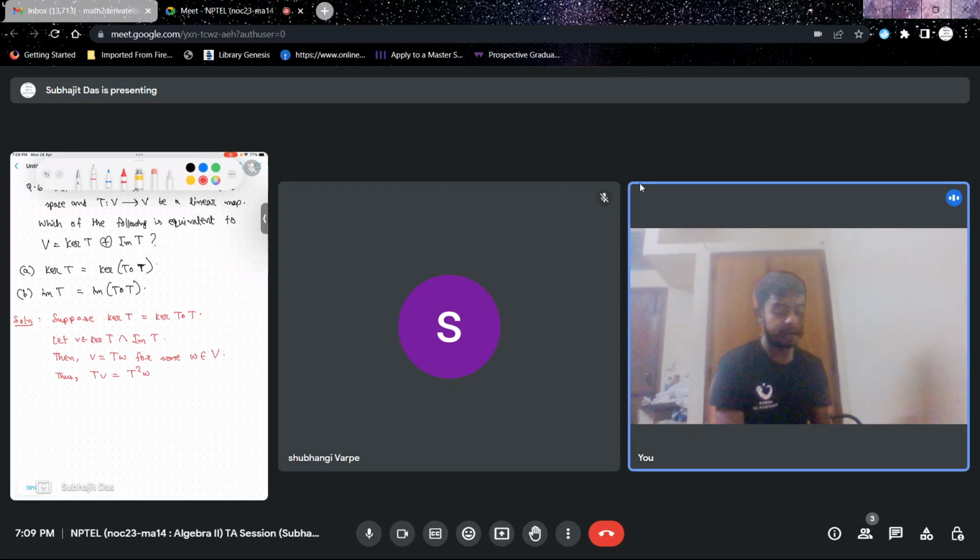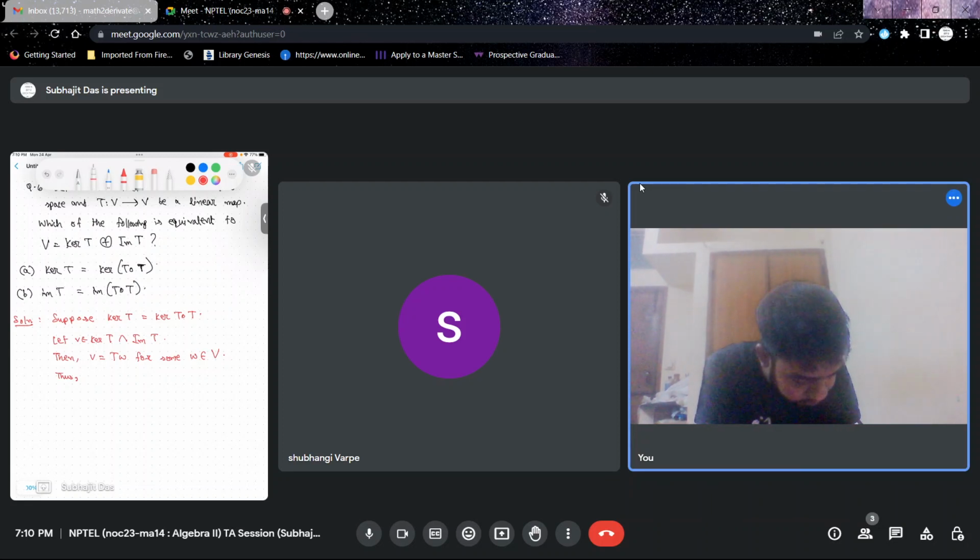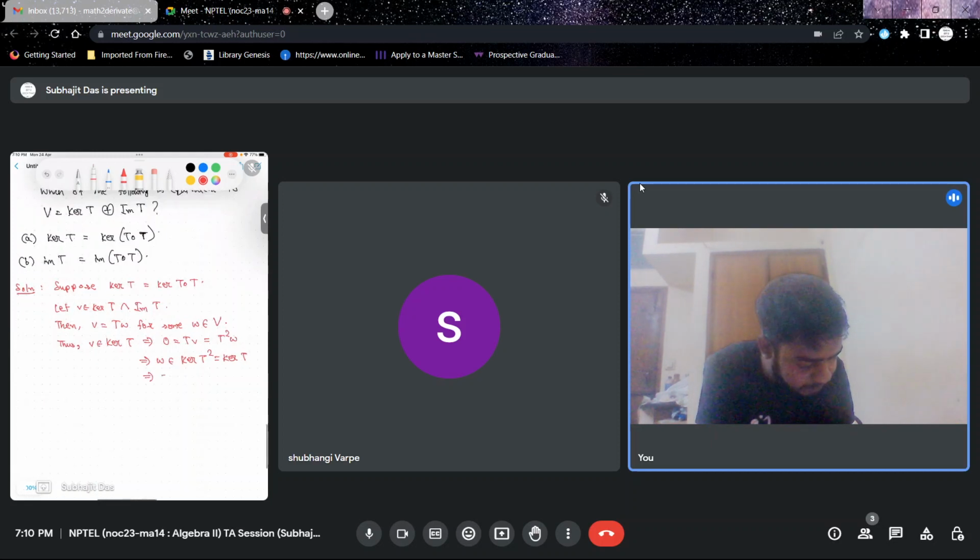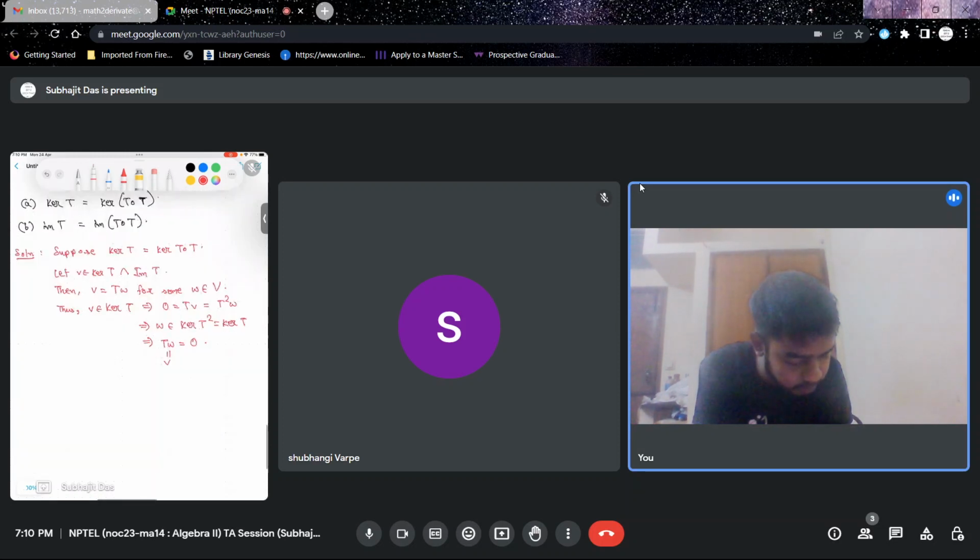And v is in the kernel as well, so thus v belonging to kernel of T implies 0, which is Tv, is also equal to T square w, which implies w is in the kernel of T square, that is T composed with T, but this is again equal to the kernel of T as we have assumed, which means that Tw is equal to 0, but T of w is just v, so v is equal to 0. Hence kernel of T intersection with image of T is trivial.